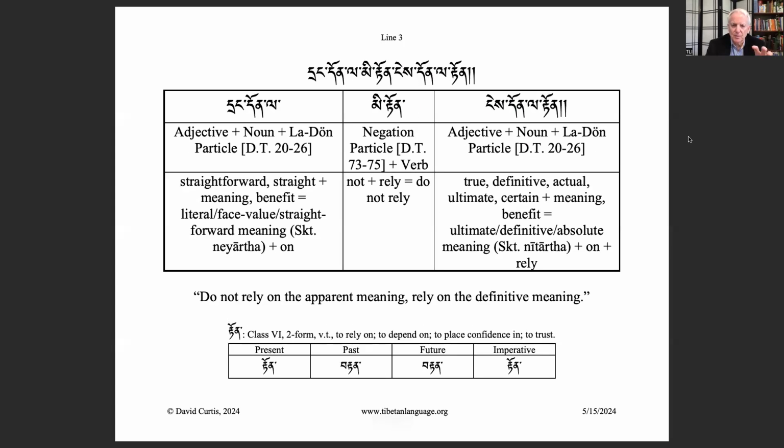This little teaching is written in such a way that it actually can be memorized. So after we analyze it like this, and we have a pretty good understanding of each syllable, and then we understand how they all fit together, then we can rely on the translation here if we want. And then we can spell it and read it, a line, but then we can recite the line many times, like 21 times or 108 times.